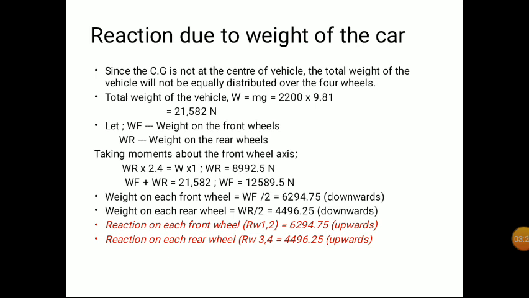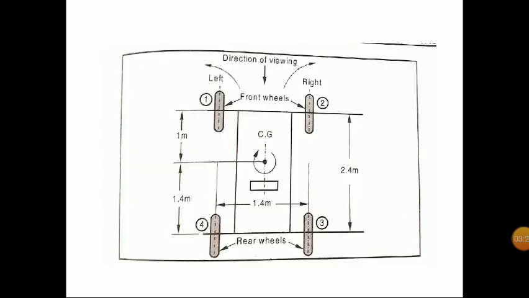You can see here that the center of gravity does not lie at the center of the car. So since the center of gravity is not at the center of the car, we have to find the weight acting on each wheel separately. If the center of gravity acted at the exact center of the car, then the load would be distributed equally on all four wheels.